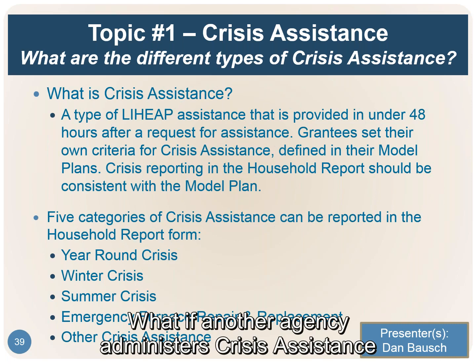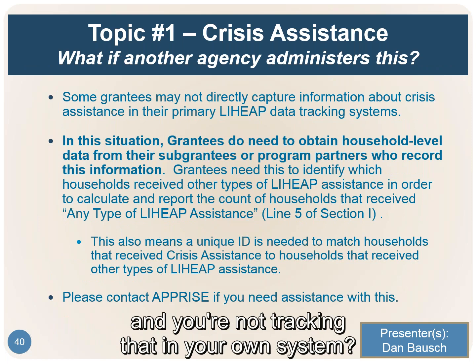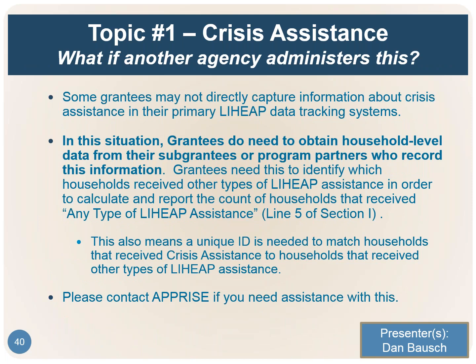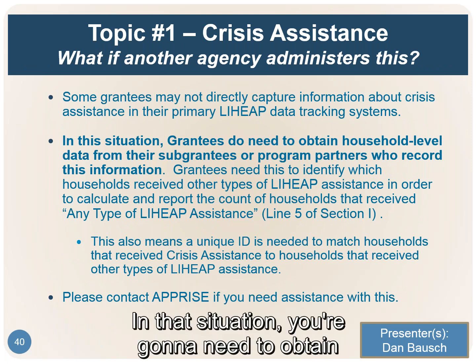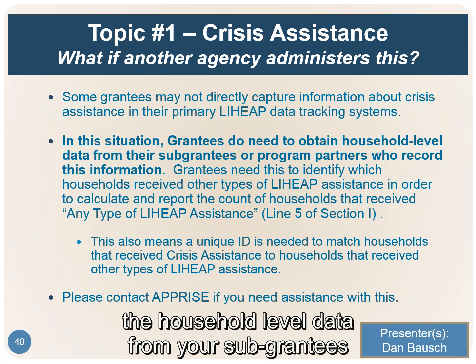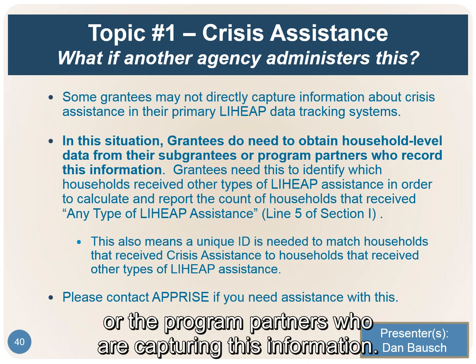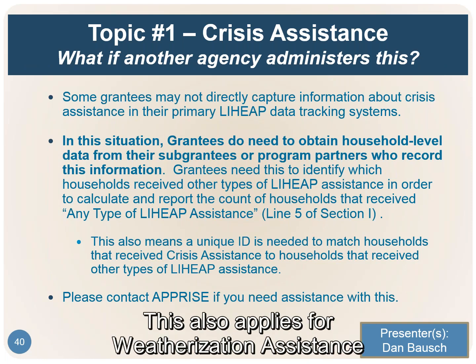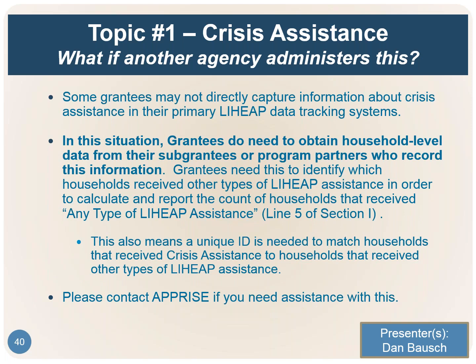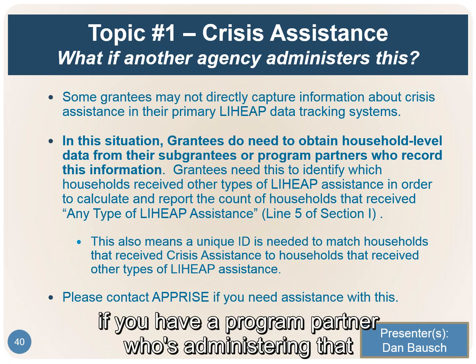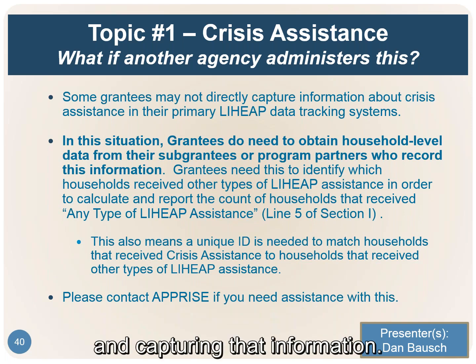So what if another agency administers crisis assistance and you're not tracking that in your own system? In that situation, you're going to need to obtain the household level data from your subgrantees or the program partners who are capturing this information. This also applies for weatherization assistance if you have a program partner who's administering that and capturing that information.